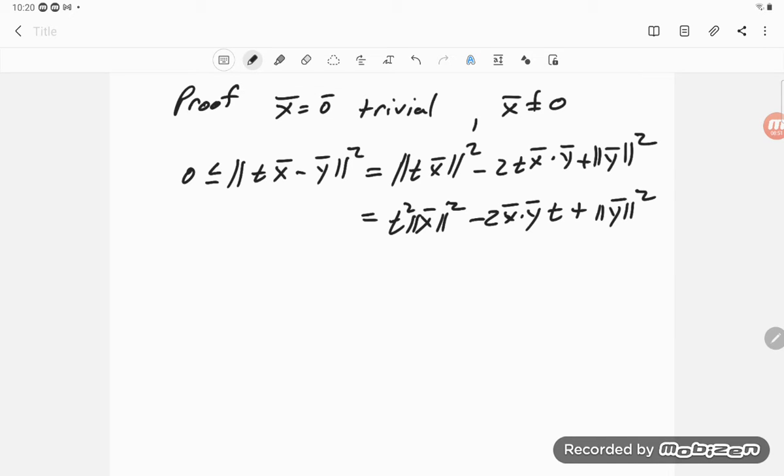And so they say, look, we've got a t squared minus 2bt plus c.